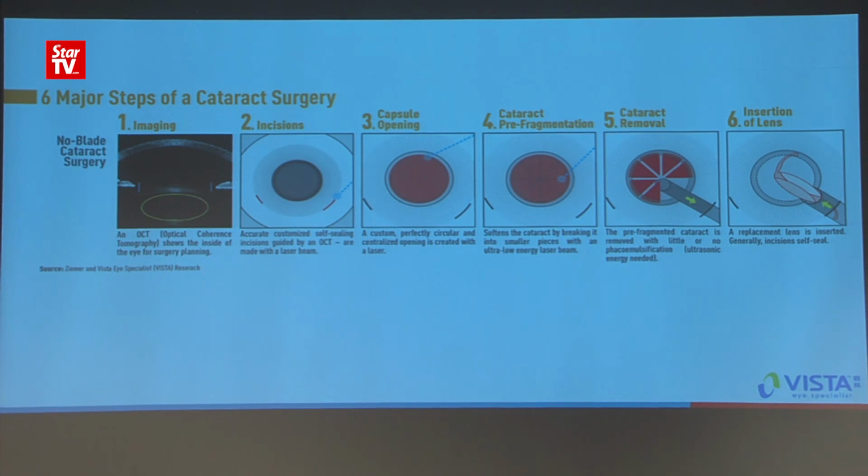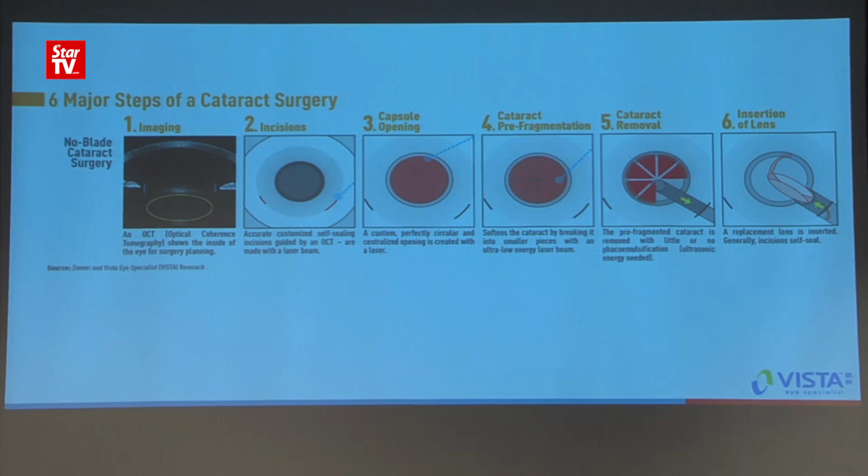The same femtosecond laser is also used to make cuts on the contents of the cataractous lens, making it easy. Instead of using a lot of ultrasound energy to emulsify the lens, the femtosecond laser has already made the cuts for you. So the amount of ultrasound energy used is much reduced, meaning less heat and less injury to the adjacent tissue of the eye.